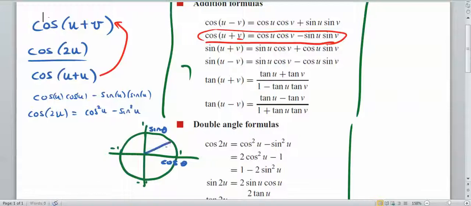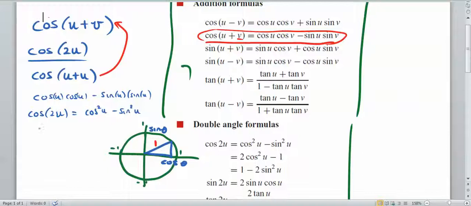So from the triangle we have cos squared theta plus sine squared theta is equal to, well, what's the radius of this circle? It's 1, isn't it? So sine squared plus cos squared is equal to 1.